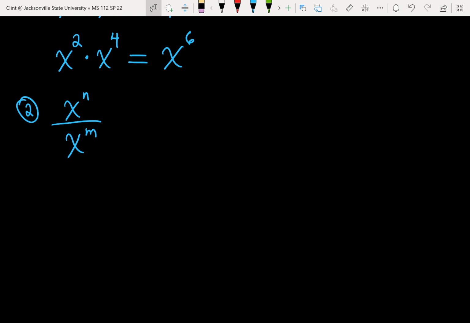Remember what we do with the exponents in that situation? We subtract. Good, yeah, we subtract. And if we're adding, it doesn't matter what order we add numbers in, but when we subtract, it does. So we'll have x to the, which exponent's going to come first? n, yeah, the top one. So x to the n minus m.